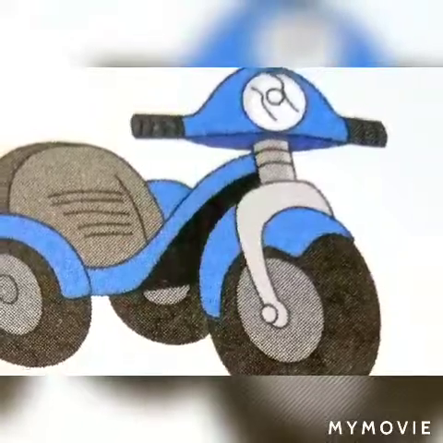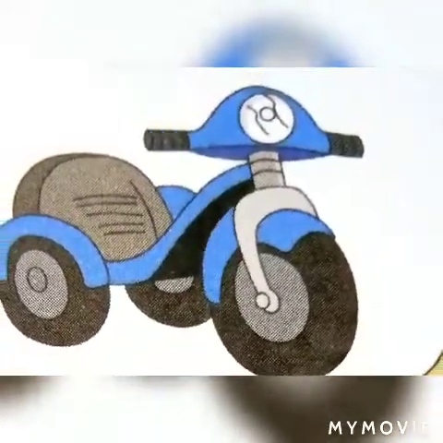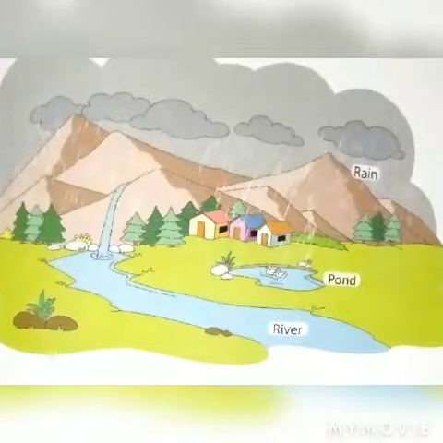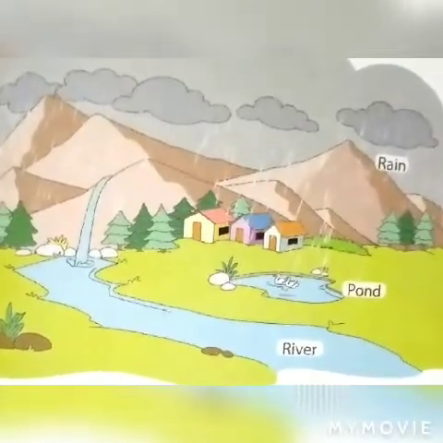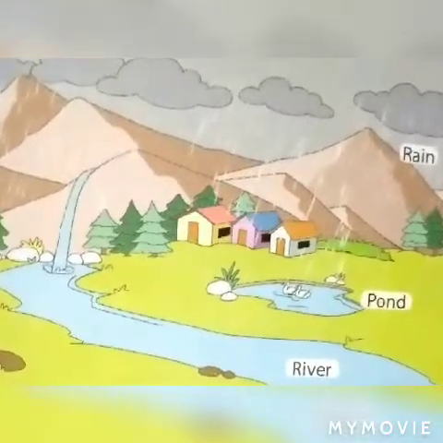Fan, table, ball, bat, book, television, your toys are some examples of non-living things. So this is how you are going to differentiate between a living thing and a non-living thing.